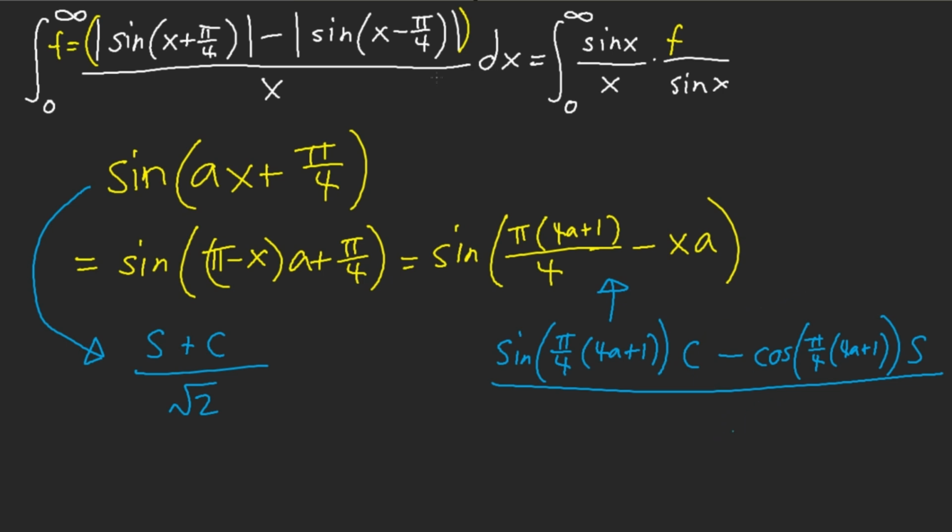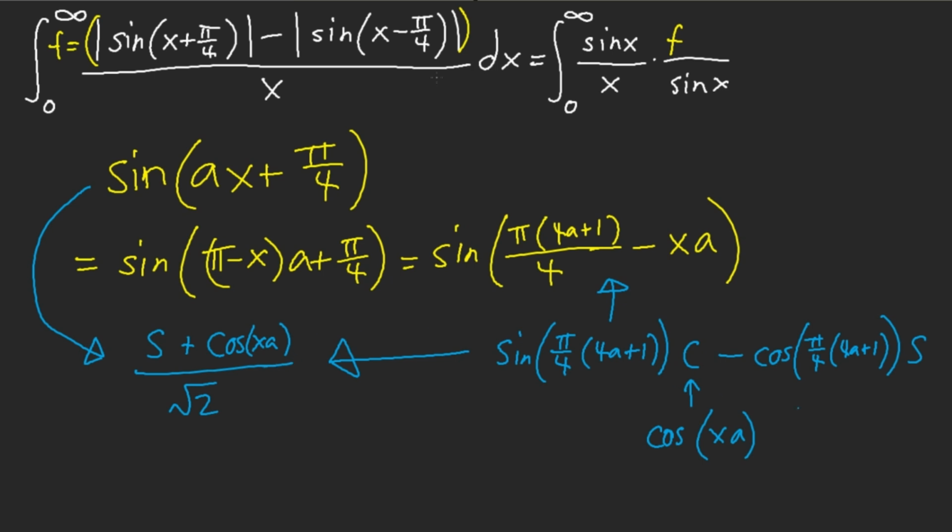I wouldn't put a root 2 yet because we don't know what this is. But we want it to look like this. So we want this to be positive. I want cosine to be positive, because this is cosine of xa. And what we have here is cosine xa.